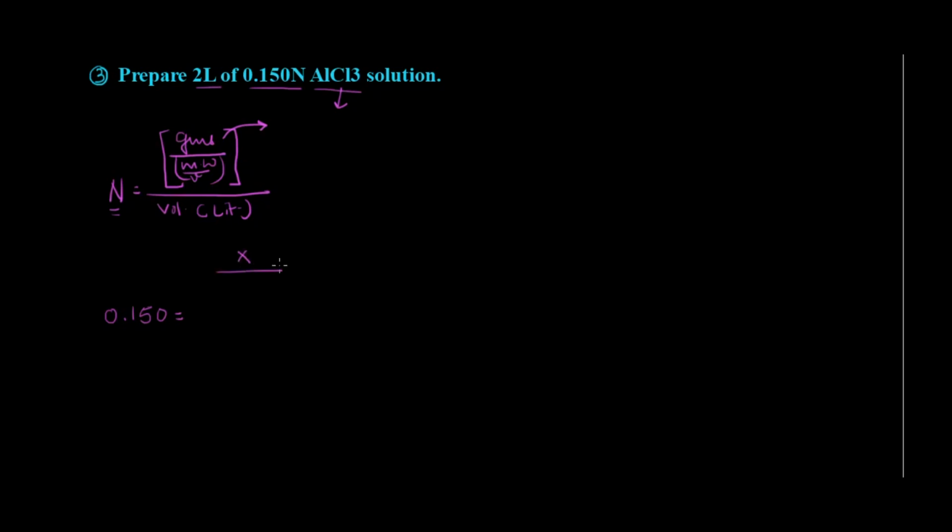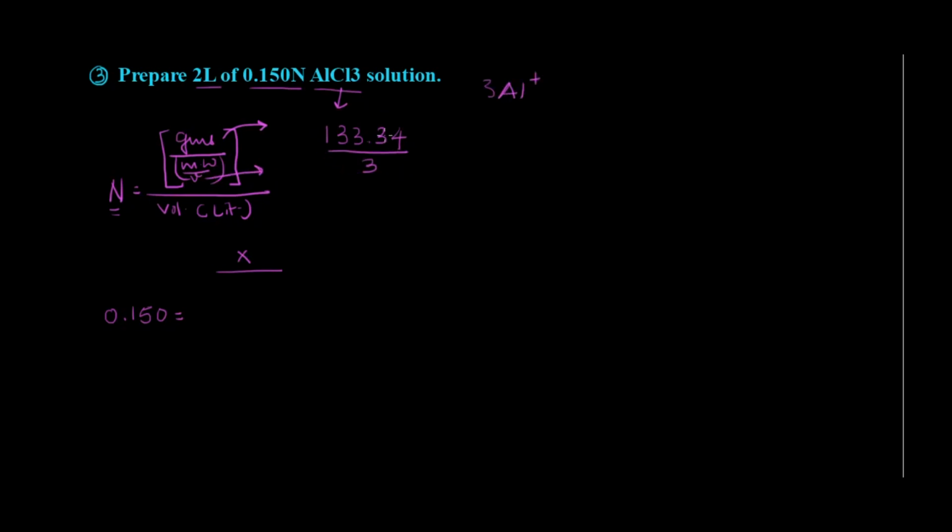Divide this by the molecular weight and valency. The molecular weight of aluminum chloride is 133.33. You can calculate this, or you can look at the information sheet that comes with the chemical, which provides the molecular weight. And the valency of aluminum chloride would be 3, isn't it?